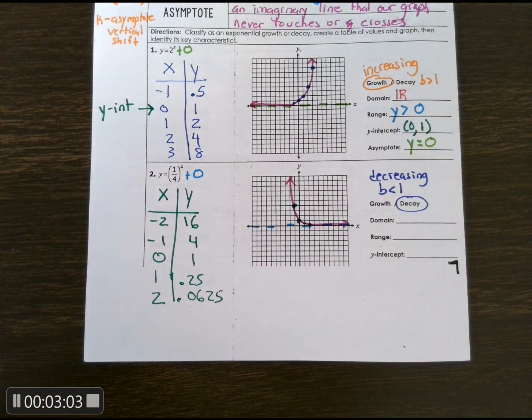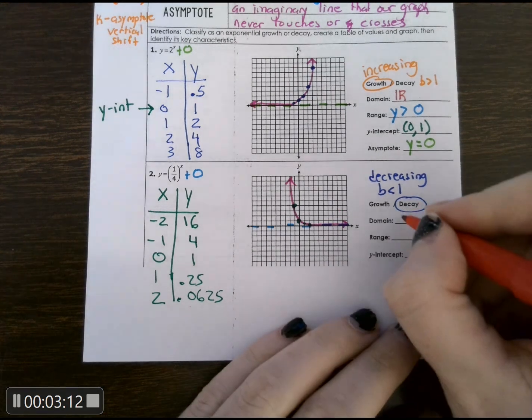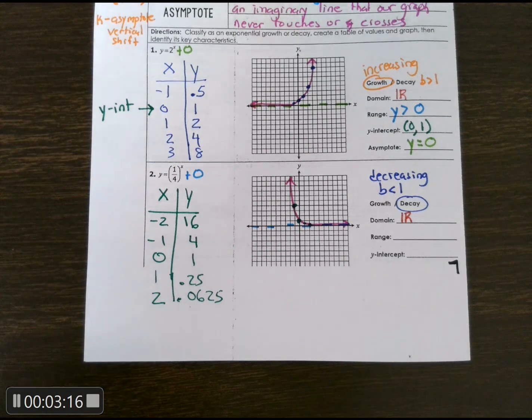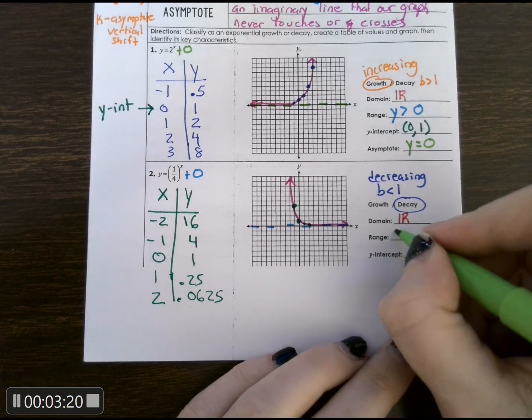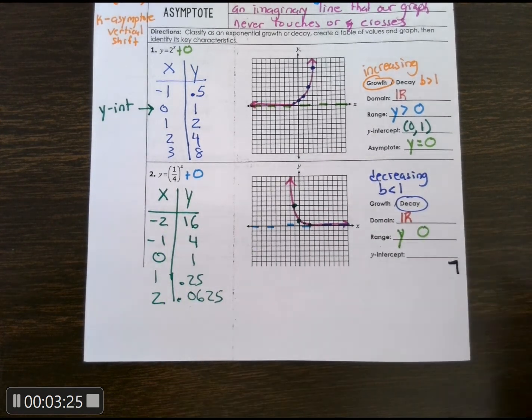My b value is 1/4. It's a fraction. Okay? So then, what's my domain? All real numbers. And then my range. Remember, that deals with our y value and our asymptote, which we said was 0.